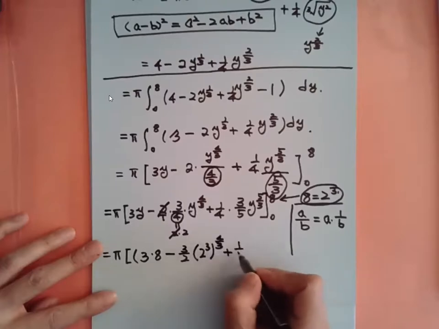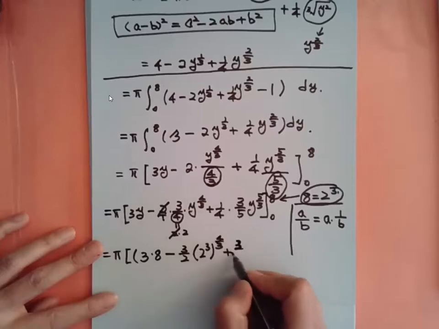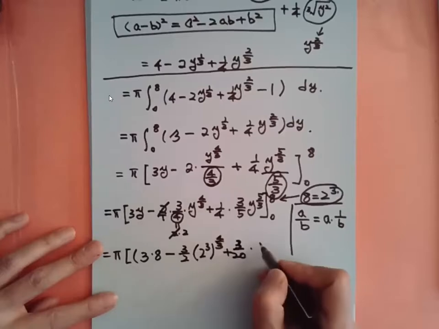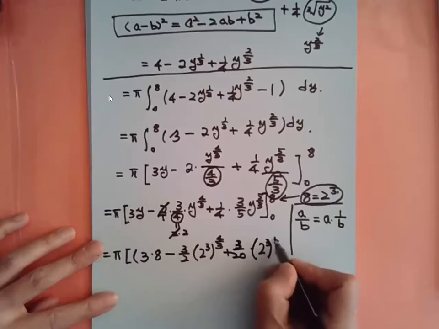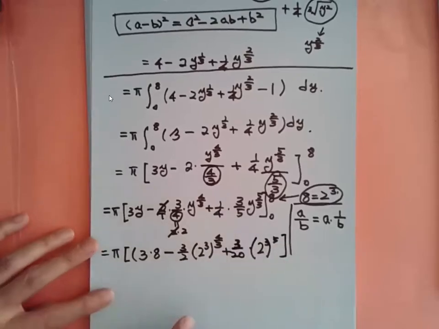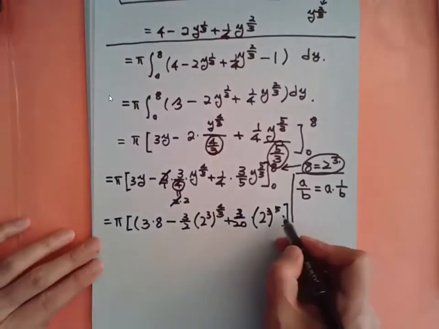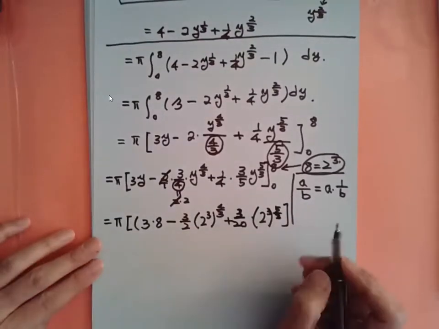plus the third term is 3/20 times 2 cubed to the 5/3 power.